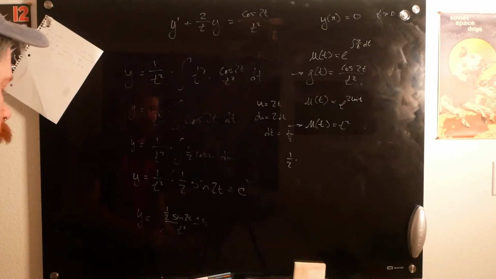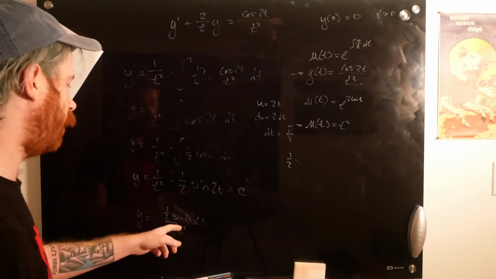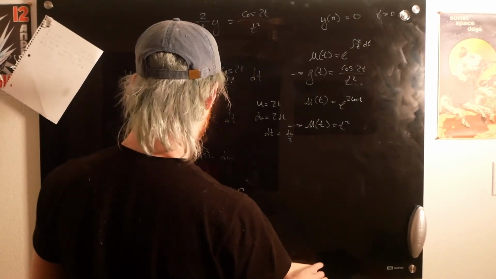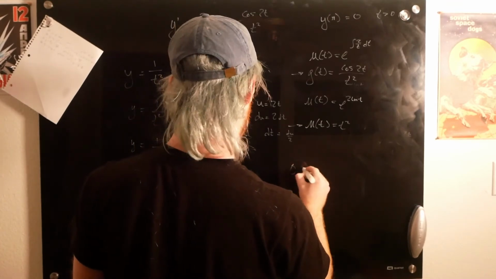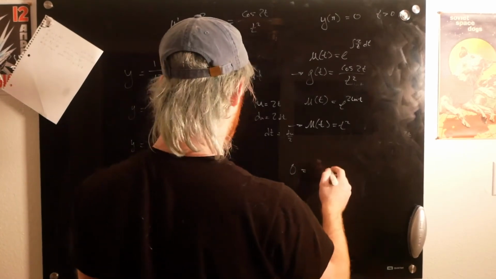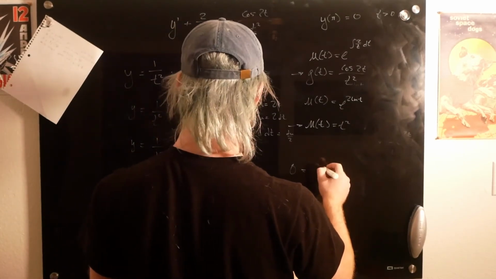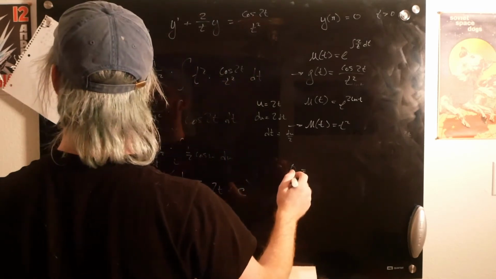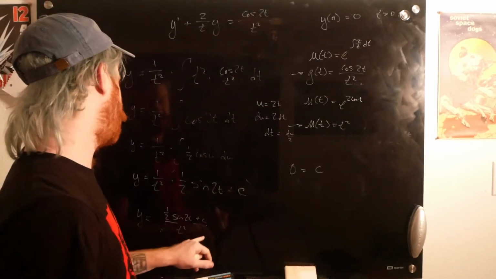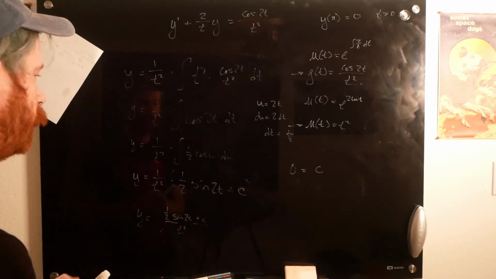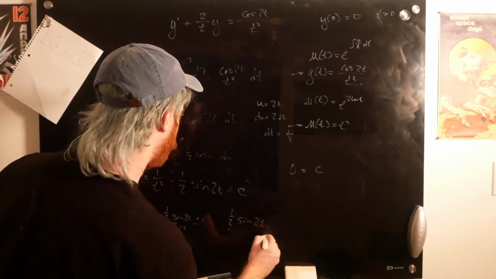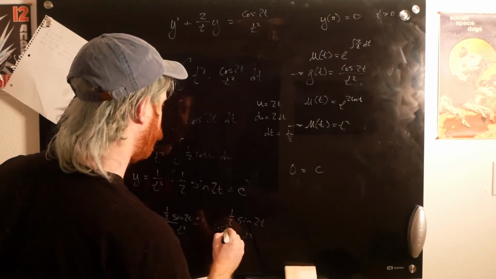So now we can do 1 over 2 times sine of 2 pi, which is just going to be 0, so this term is going to go to 0. Y is equal to 0, so 0 equals 1 over 2 sine of 2t, so this is going to be 0, c over pi squared. So I think c is going to equal 0 here. Yeah, c equals 0 because when you plug this in and solve for c, it's going to be 0. So you're going to just be left with 1 over 2 sine of 2t over t squared, and that is going to be your answer.